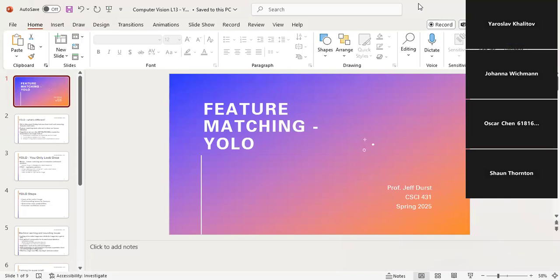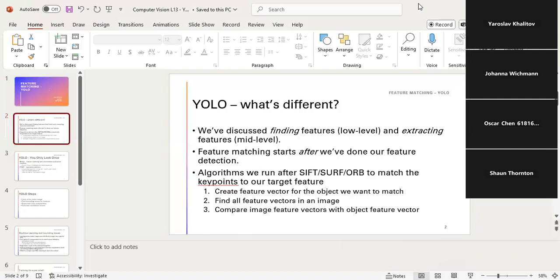All right. So, like I said, we're talking about YOLO today. YOLO is you only look once. The reason it is called that is because it does look at an image all at once, and does not have a key point extraction step or a feature matching step the way SIFT and SURF and FLANN do.